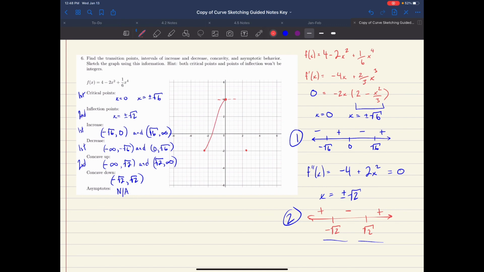From root 6 to infinity, it's also increasing. The intervals of decrease are from negative infinity to negative root 6, and it's decreasing from 0 to root 6 as well. So that is a rough sketch of the graph with those characteristics.